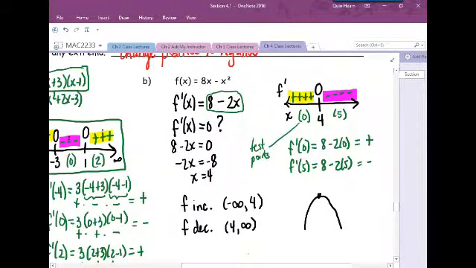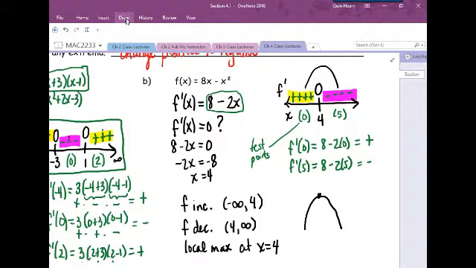So the reason why I'm sketching that is because in the next part of the question, they want us to identify any extrema. And what kind of extrema would occur here? That would be a local max, right? So we're going to have a local maximum where the function changes from increasing to decreasing. In other words, where the derivative changes from positive to negative, which is at x equals 4.